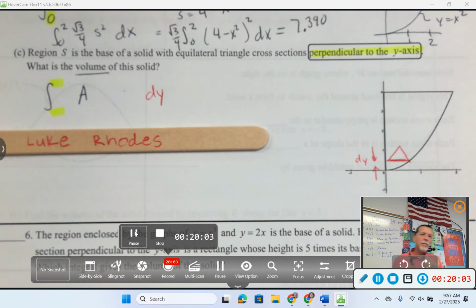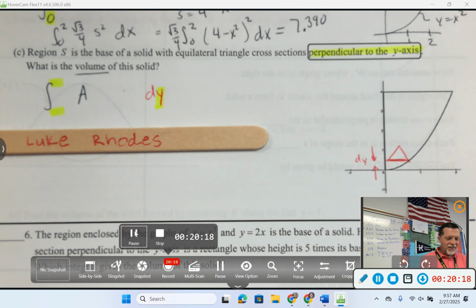Luke, what about my limits? What are they going to be? Are they going to be x limits or y limits? Let me walk you through it. Y limits. Other than Austin whispering that, how did you know? Well, you drew like the dy arrow. Okay.